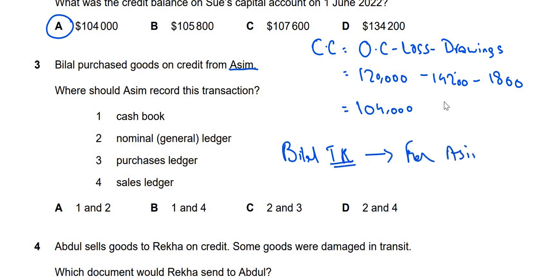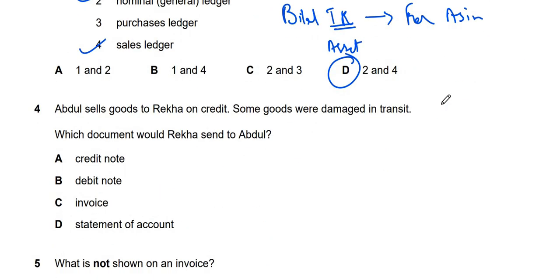Bilal is an asset for Asim. The transaction will be recorded in sales ledger, and total sales will be recorded in nominal or general ledger. So where do we have sales ledger and nominal? In D, 2 and 4.